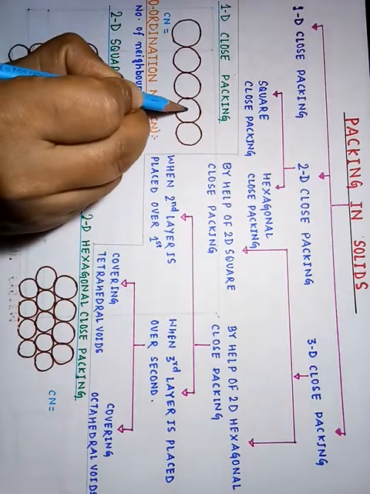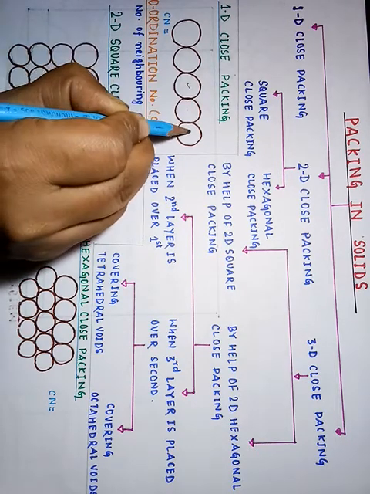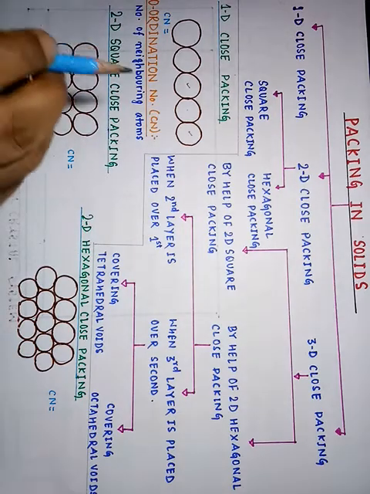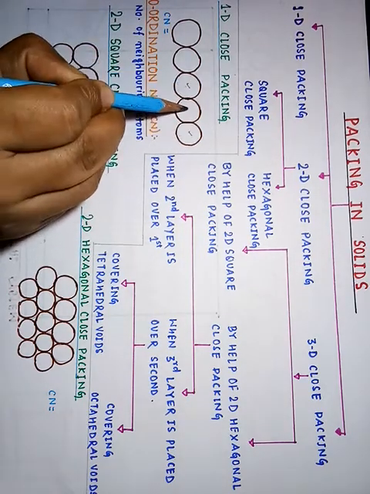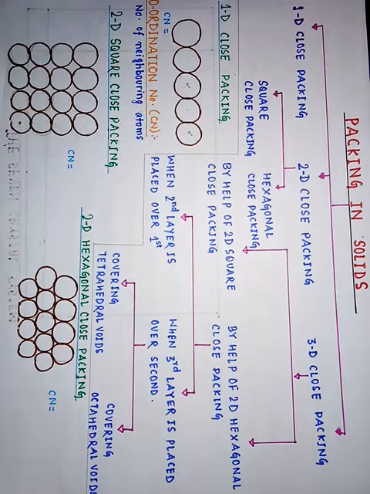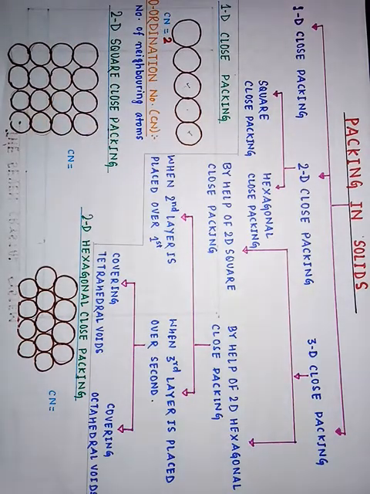Let me pick this atom. This atom is in contact with how many atoms? 1 and 2 atoms. This single atom is directly in contact with two atoms. So the coordination number in one-dimensional close packing is equal to 2.